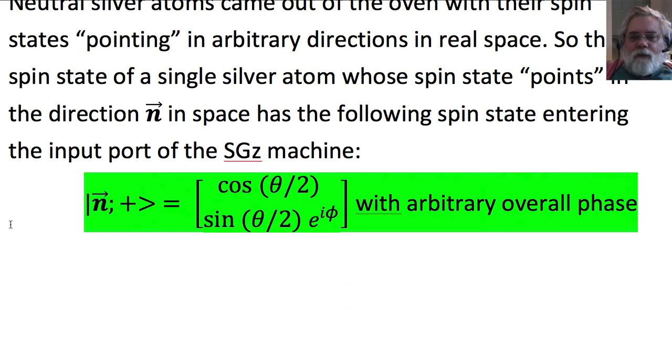It's exactly what we covered earlier in this lecture. It's in state ket n plus, and so its state vector is cosine theta over 2, sine theta over 2 e to the i phi, where there's an arbitrary overall phase.